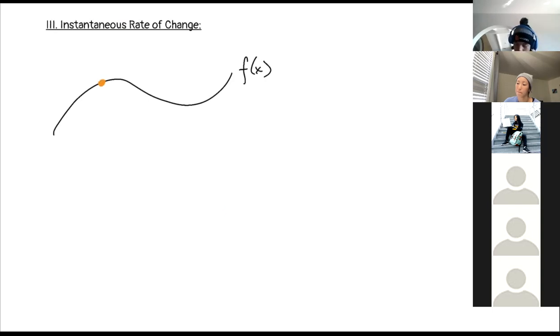And with this 1 point, I'm going to sketch a line that touches this curve at just 1 point, just this orange point.